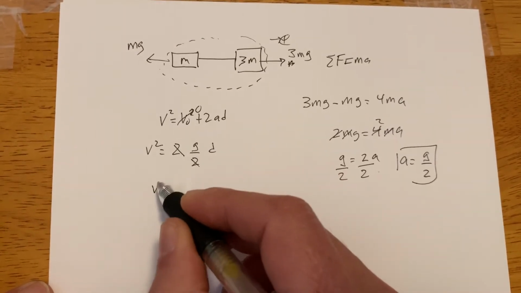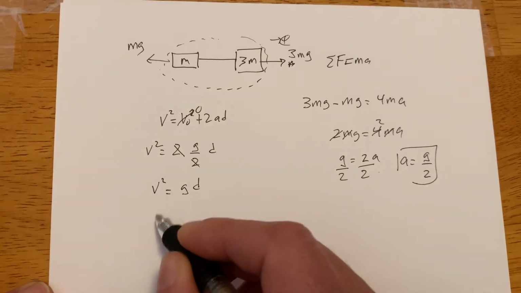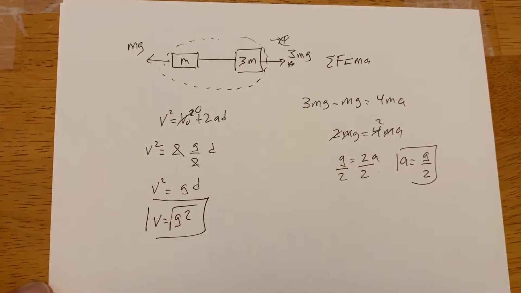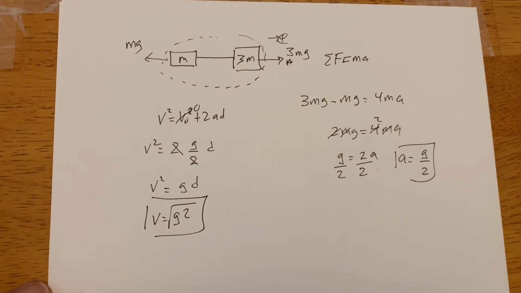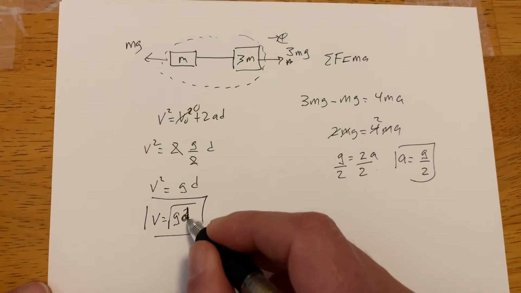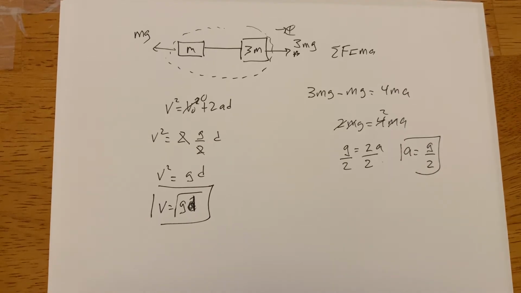Slash and burn, so v squared is equal to gd, square root. So there is the speed of the 3m mass after it has fallen a distance d. So that's that guy right there.